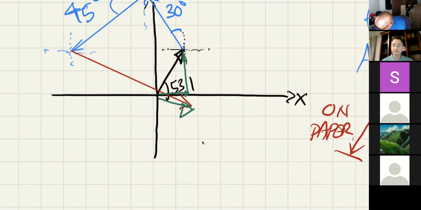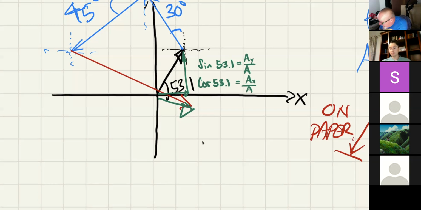I also see that sine of 53.1 is equal to opposite, which would be A sub y, over hypotenuse, which would be A, and cosine of 53.1 would be adjacent, which is A sub x, over the hypotenuse, which is A.